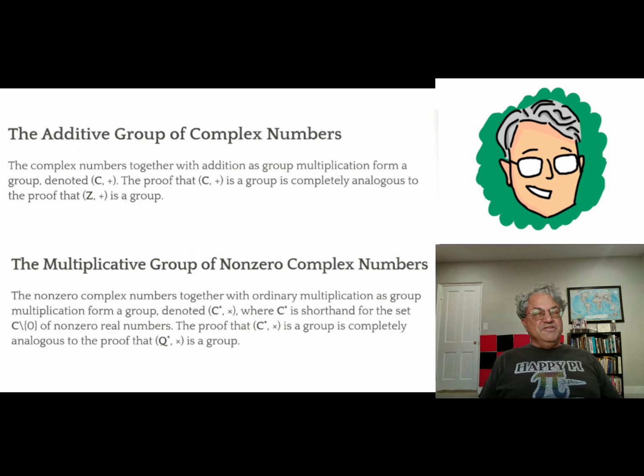The reason I like them better is that they're algebraically closed, for one thing. There's the fundamental theorem of algebra, which I talked about at the end of chapter 4, that says that every polynomial has all of its roots in the complex numbers. That's not true in the real numbers. So they're a lot nicer to work with than real numbers.